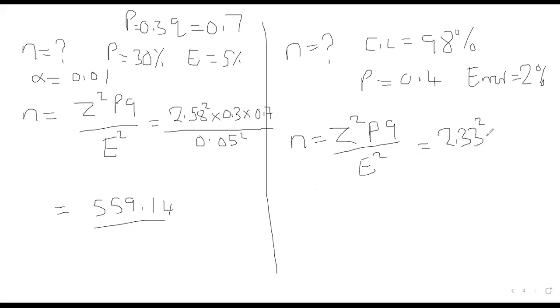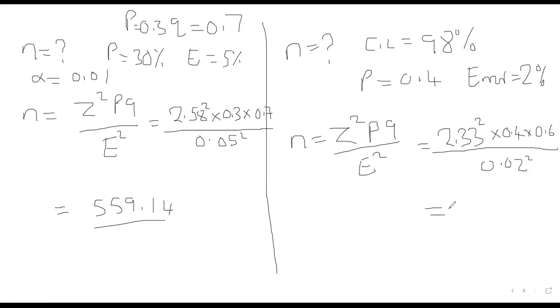And what is our P? 0.4, meaning what is our Q? 0.6. The two must add up to 1. And our error? Okay.